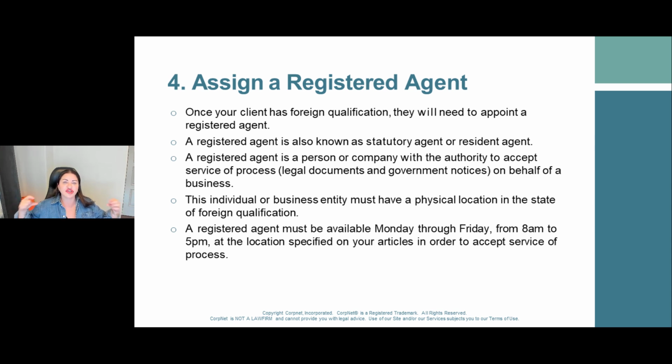And that registered agent has to be a person over the age of majority with a physical address and must be present at that address between normal business hours, Monday through Fridays.